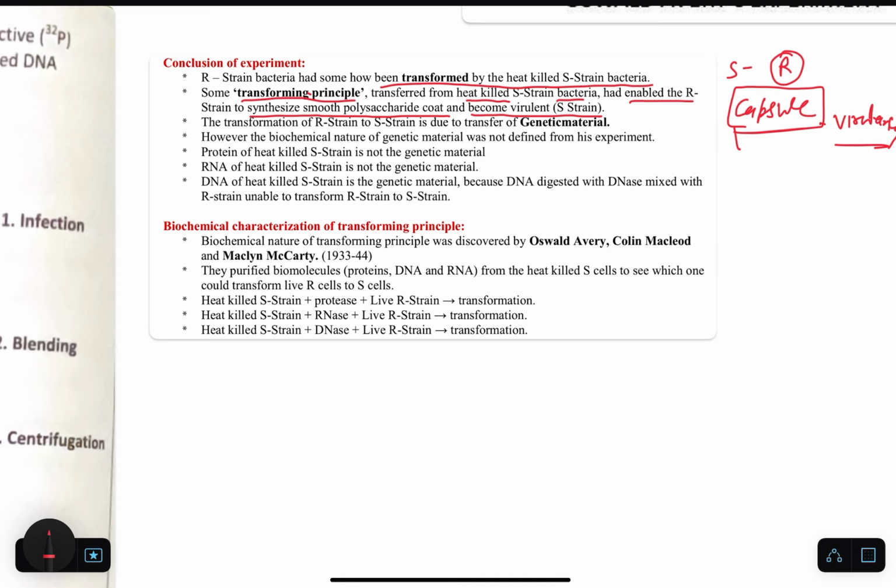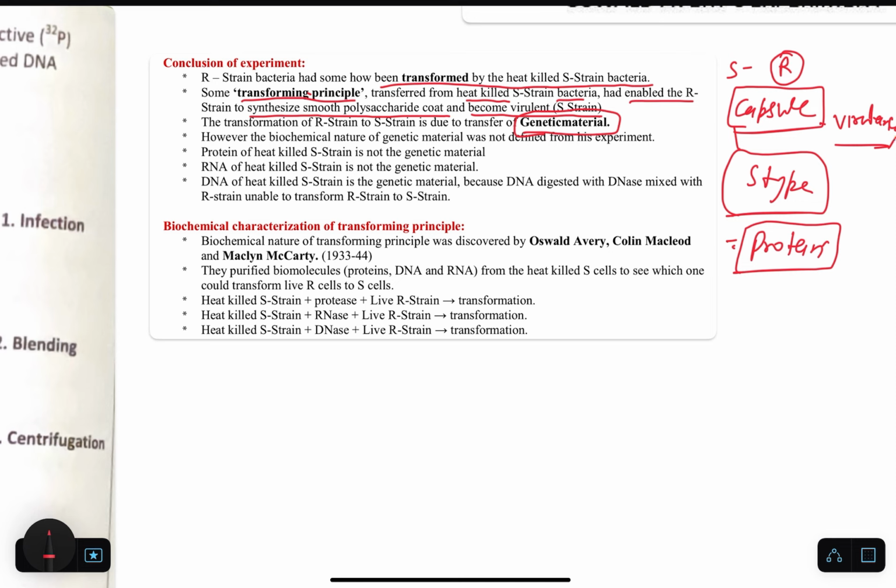He concluded further that the transfer of matter which causes the R type to produce a capsule and convert into S type virulence is due to a material which is known as genetic material. Further, he concluded that it may be the protein which goes to the R type and produces a capsule over its surface.